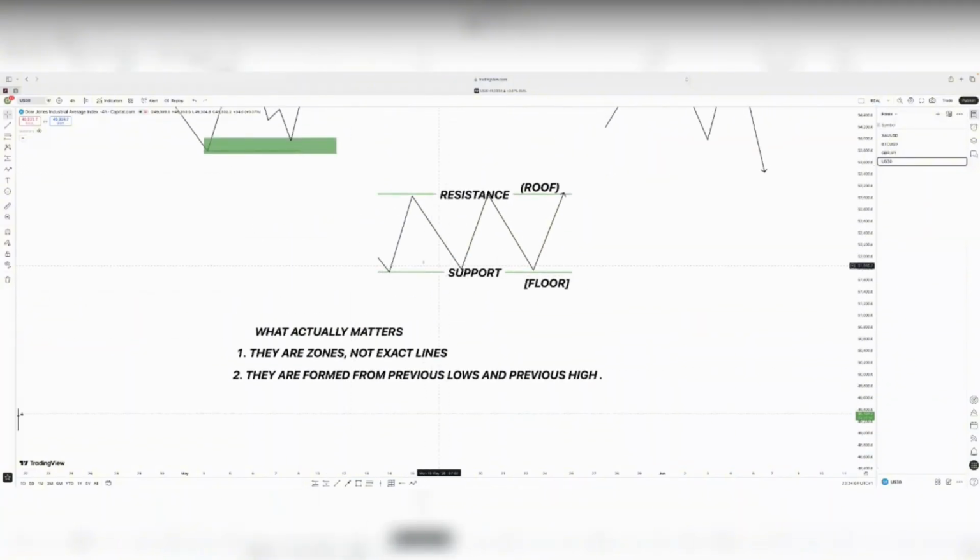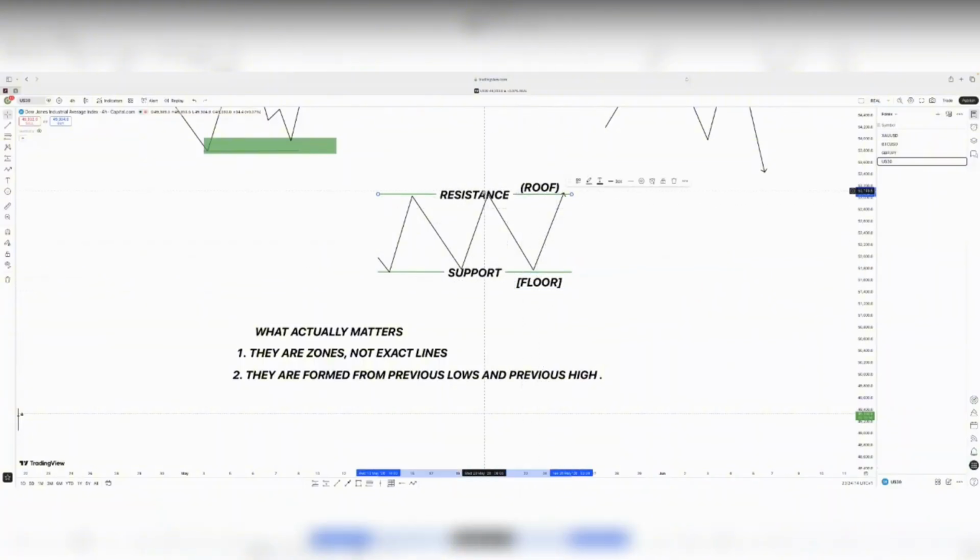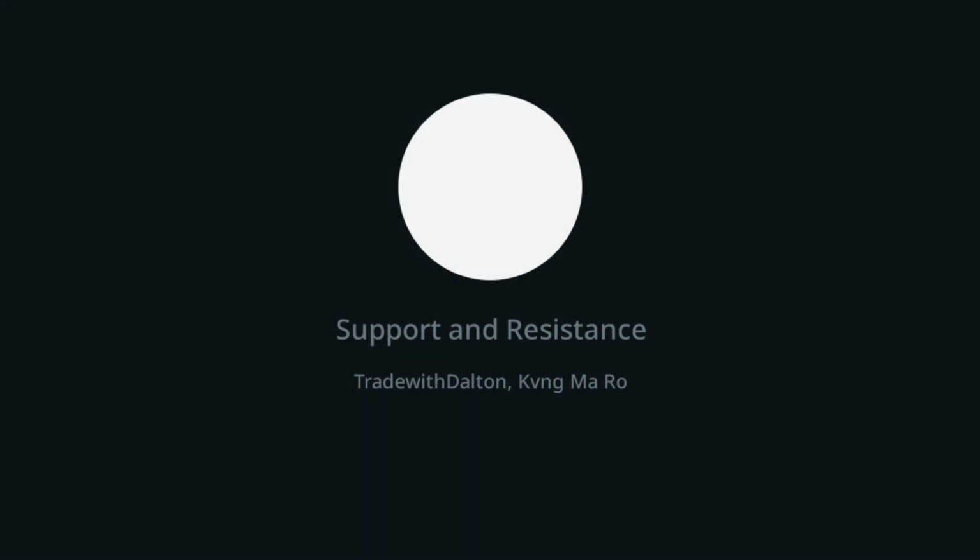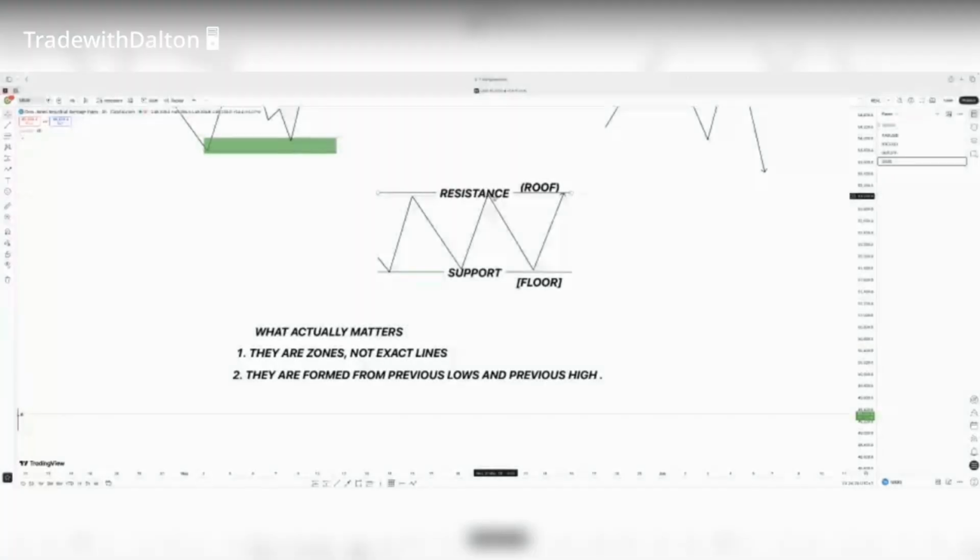That's why this low right here, which is the floor of your house, is a support. The roof of your house is simply your resistance. That is a high. So when you throw something to the roof, you expect it to bounce and reverse back down. When you throw something to the ground, you expect it to bounce up. They are formed from previous lows and previous highs. They are not exact lines.